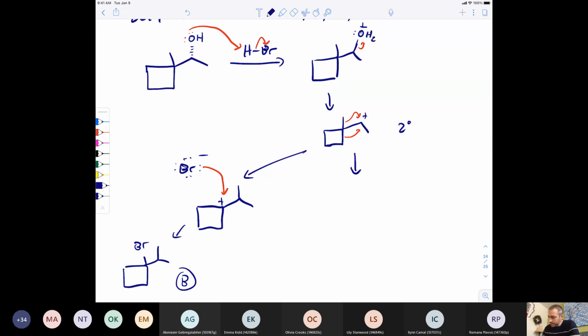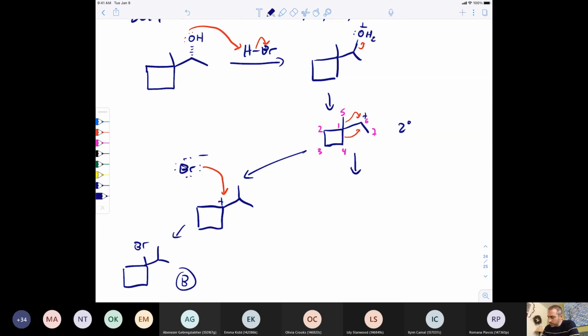But if you did the other way, you do a ring expansion. So I'm going to show you exactly how we're going to do this. First, we're going to label all of our carbons: 1, 2, 3, 4, 5, 6, 7. What we're doing is breaking our 1,4 bond and making a 6,4 bond.